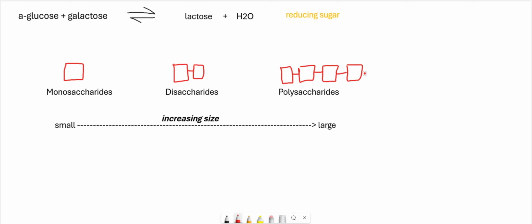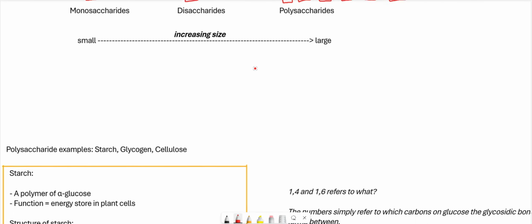And this can go on to hundreds and thousands of monomers joined together, and this would carry on. So you can clearly see the size increase, and it's something that is very easily visualized.